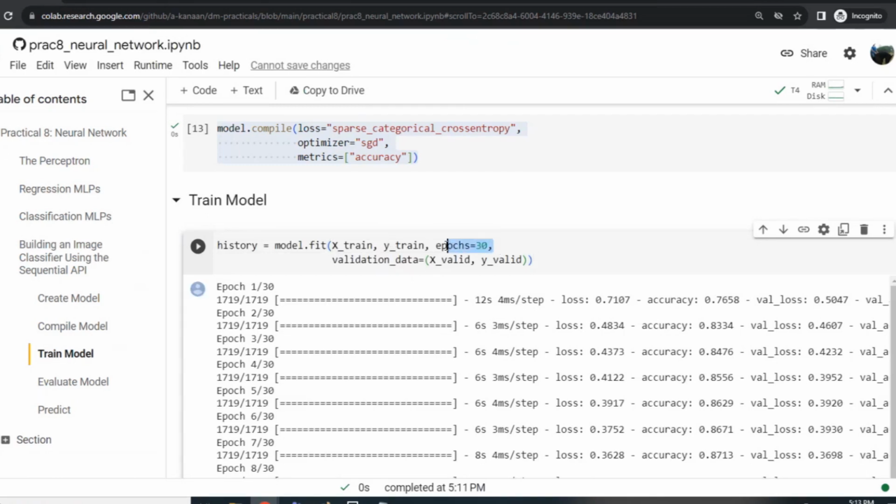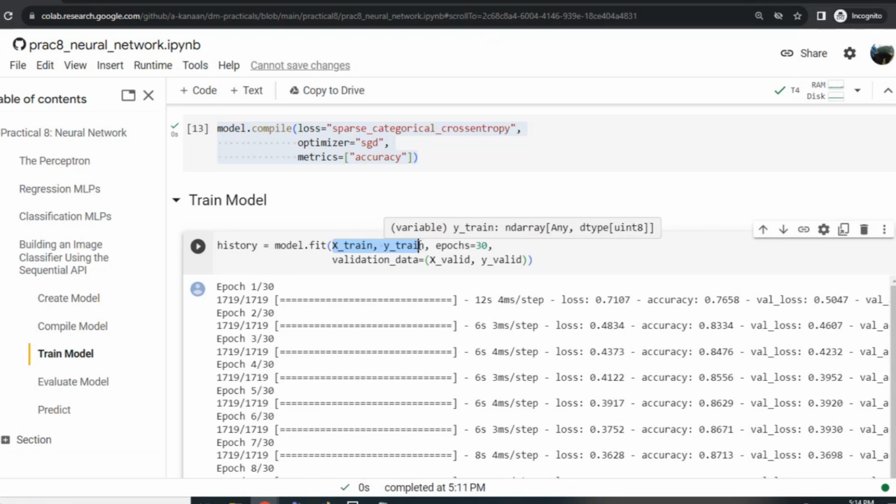We put 30. 30 means the neural network is going to study or train on the training data. Which training data? This one, X train, Y train, fully 30 times. That means each picture from this training data set, the neural network is going to go through it 30 times.